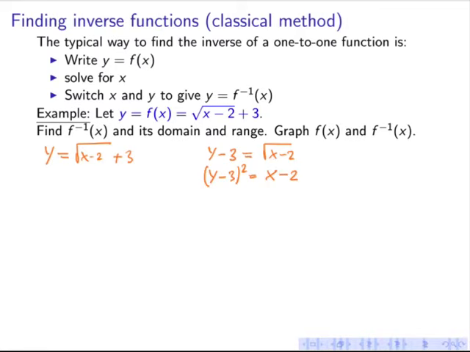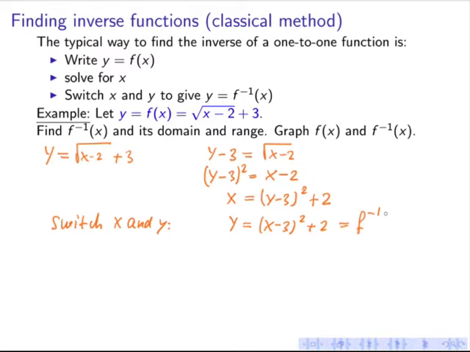And then I can solve this for x. I move the 2 to the other side, so we get x is equal to (y minus 3) squared plus 2. Now I solved this for x. And then the last step is switching x and y, meaning I get the function y is equal to (x minus 3) squared plus 2. All right. And so this is my inverse function, f inverse of x.